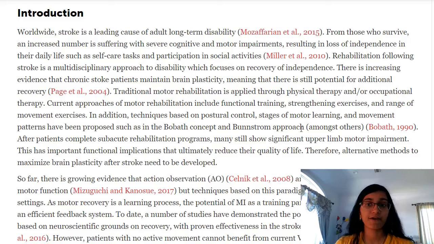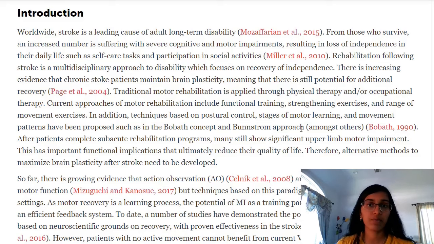But even then, many patients do still have significant upper limb motor impairment because brain plasticity isn't so great that it can help heal completely, though it does allow you to get back some motor function. So this has important functional implications that ultimately reduce their quality of life. Therefore, alternate methods to maximize brain plasticity after stroke need to be developed.